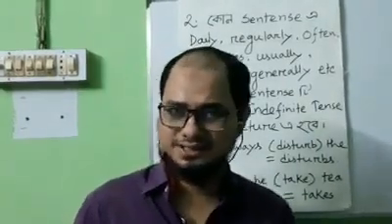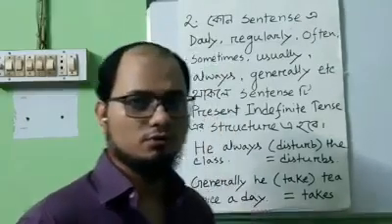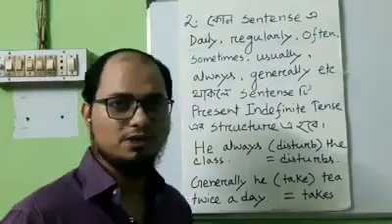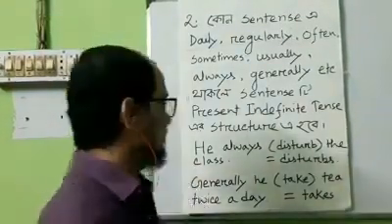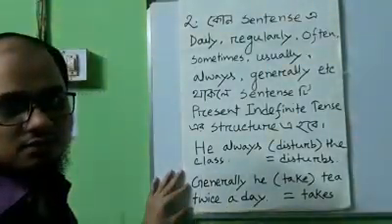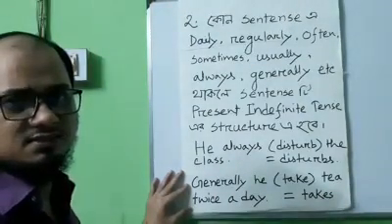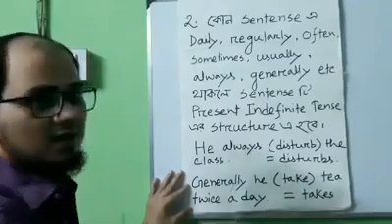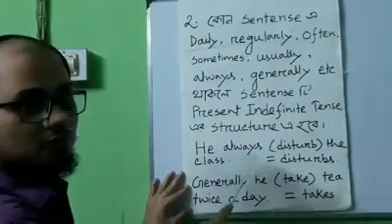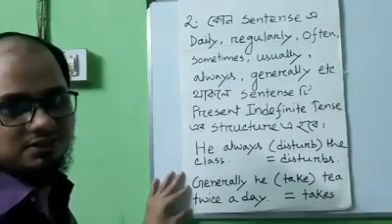For our better understanding, we should look at the board, and on the board I have provided 2 examples which will be very beneficial for you. He always disturb the class. In this sentence, we notice the presence of always, and on account of the presence of always, the sentence structure must be present indefinite tense structure.